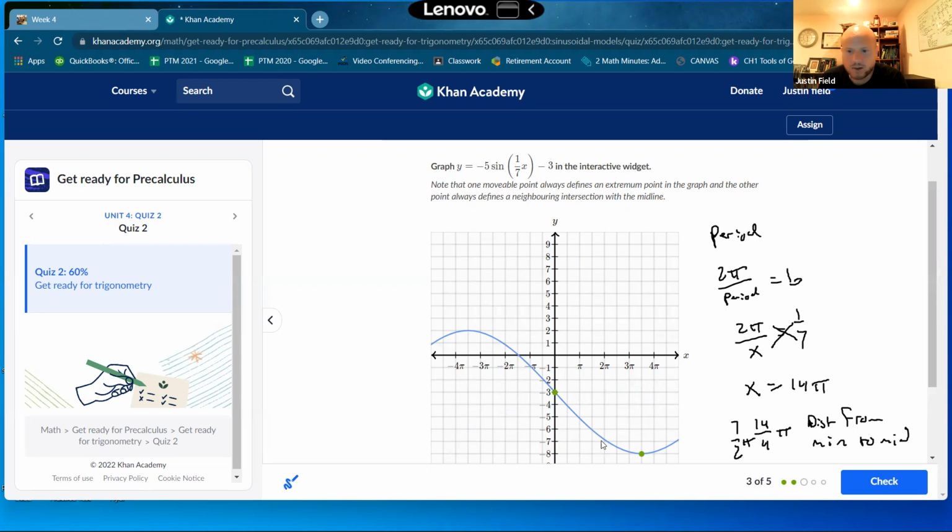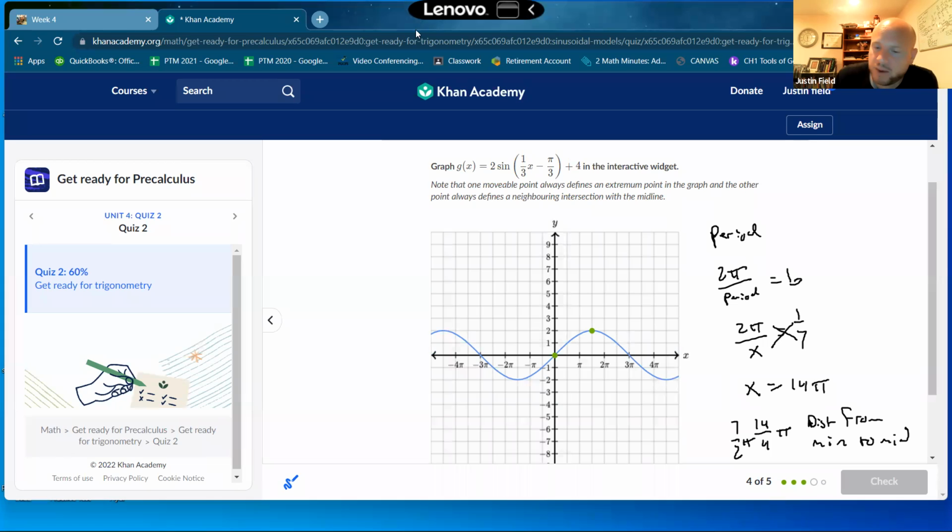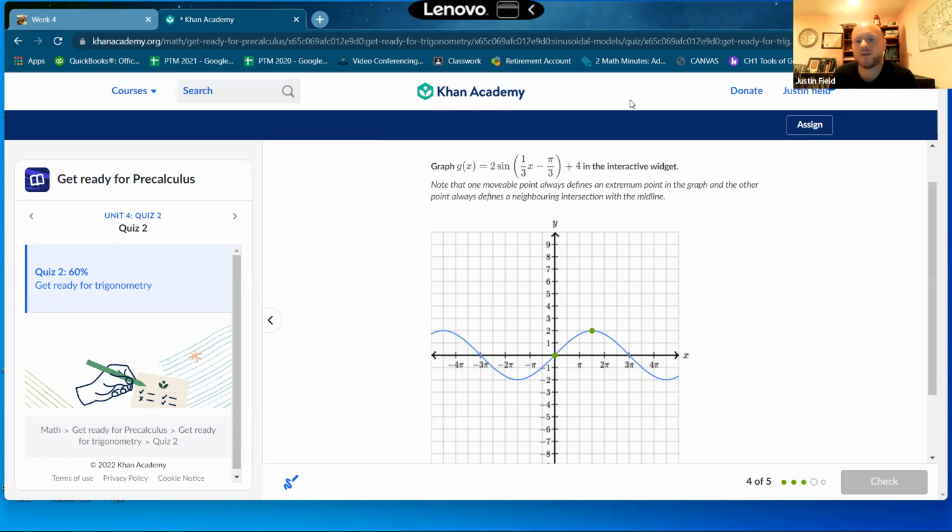So now I'm liking this. 7 over 2 pi is 3.5 pi. And so I got it again. This is so amazing. You guys, I was not getting these before. Maybe I shouldn't tell you that, but I should, because you may find yourself in my position, if not in this assignment, then in some assignment.